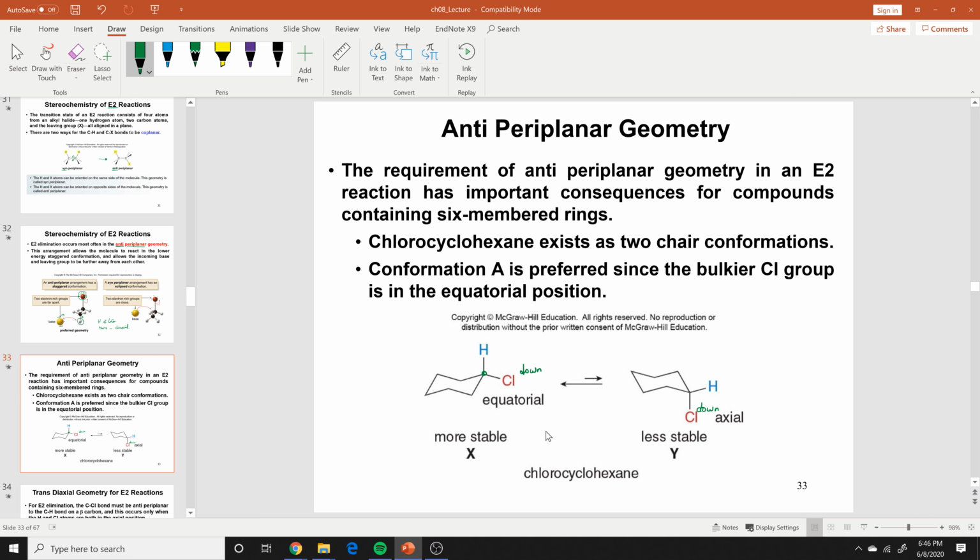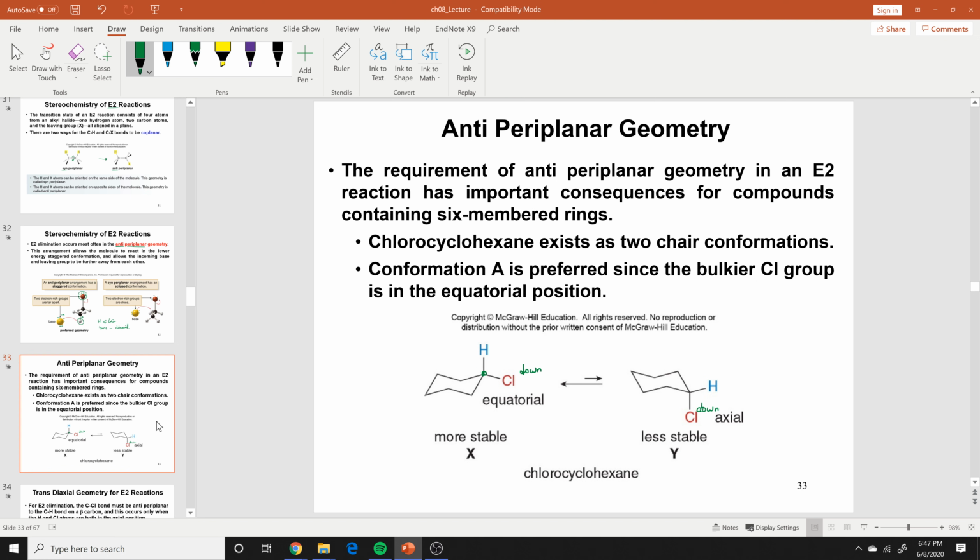We said when you do a conformation flip, down remains down, but equatorials change to axials and axials change to equatorials. The equatorial conformation is going to be the more stable conformation, but it doesn't mean that if you have a more stable conformation, your product is going to be more stable if it comes from this conformation. This is not true. One of those is going to undergo E2 elimination, the other one cannot undergo E2 elimination.